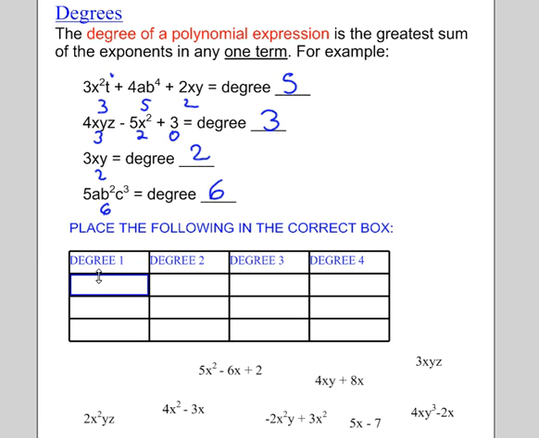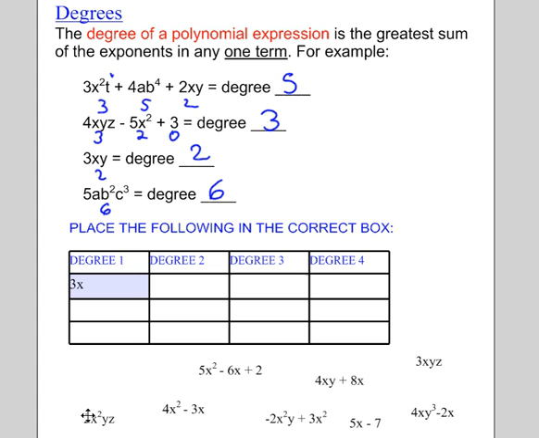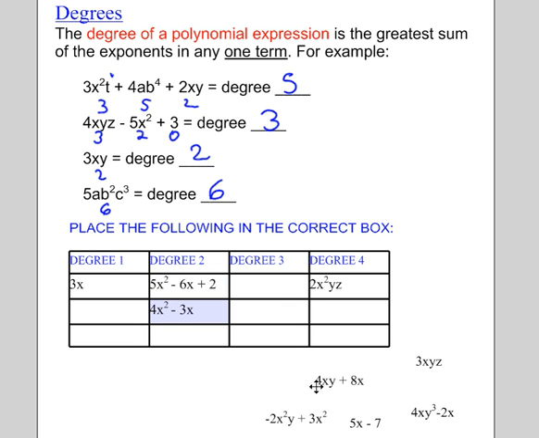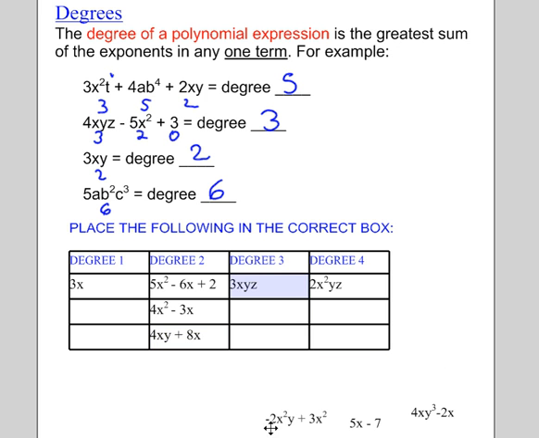So 3x is a degree of 1. 2 plus 1 plus 1 is 4, so that one's a degree of 4. Here, this is 2, this is 1, this is 0, so the highest is 2. Here, this is 2 and this is 1, so the highest is 2. Again, we have a 2 and a 1, so the highest will be 2. Here, 1 plus 1 plus 1 is 3, and that's the only term, so it's automatically the highest.